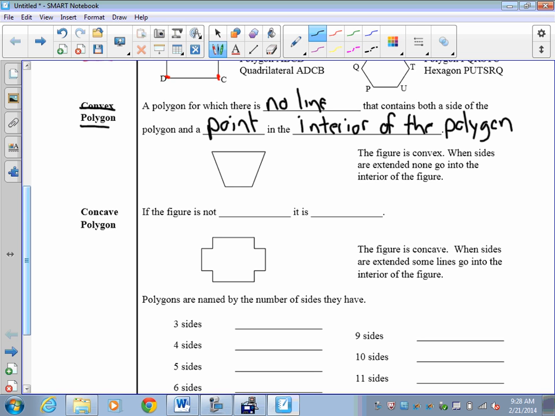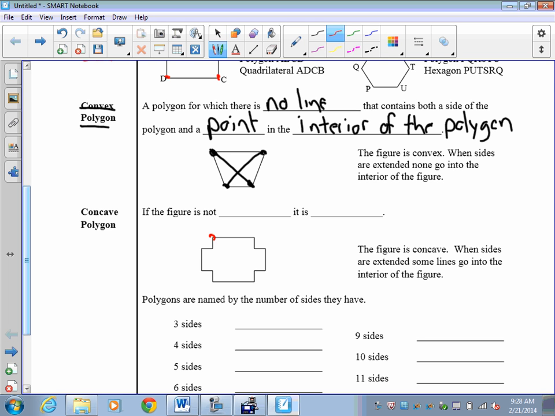So this says that the figure is convex. No sides are extended. None go in the interior of the figure. So how I remember convex is whenever you connect the corners, they always go inside the polygon. They never go outside.